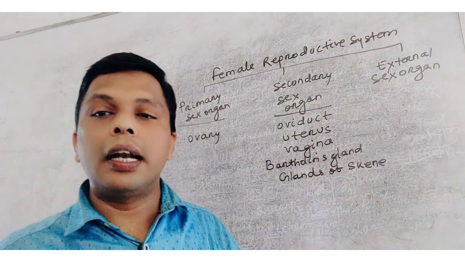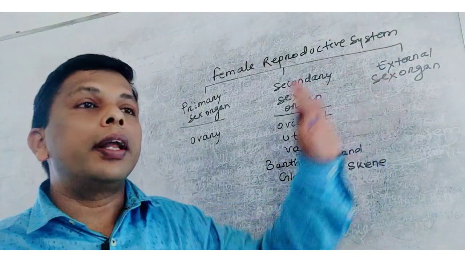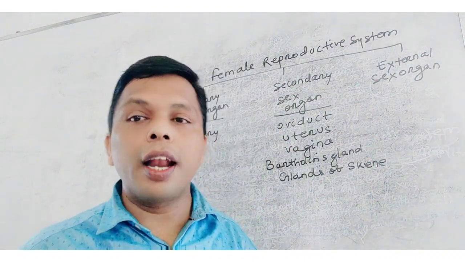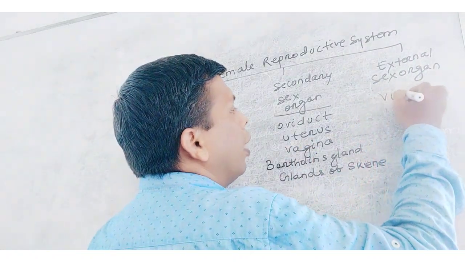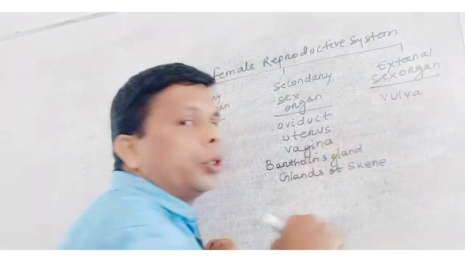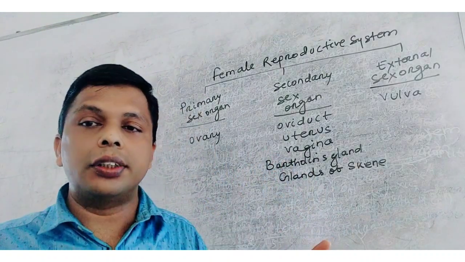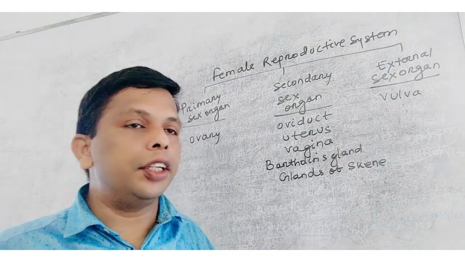Greater vestibular gland and lesser vestibular gland, we can take it. What is the external sex organ, which is present at the external part of the body? It consists of the vulva. So these are the different sex organs which are to be discussed in this video.